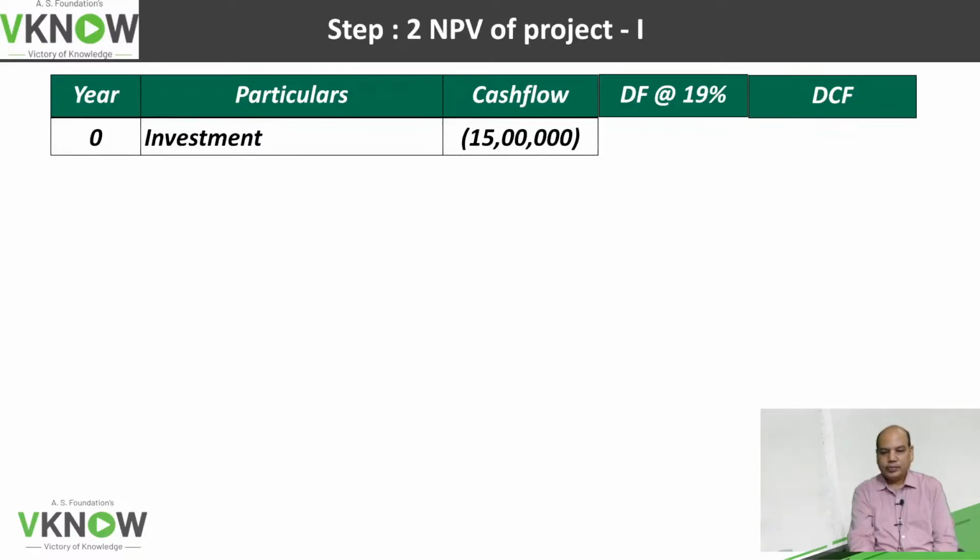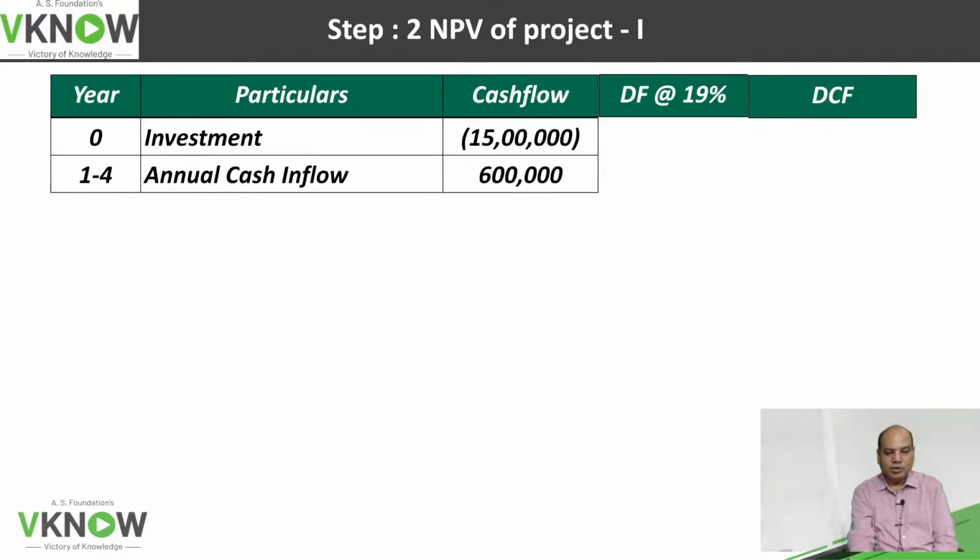Year 0: for project 1 investment is 15 lakh, annual cash flow 6 lakh. Calculate the NPV on your own.